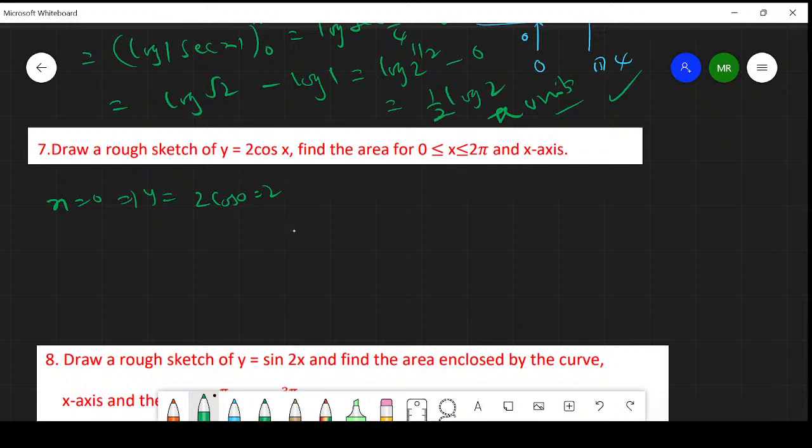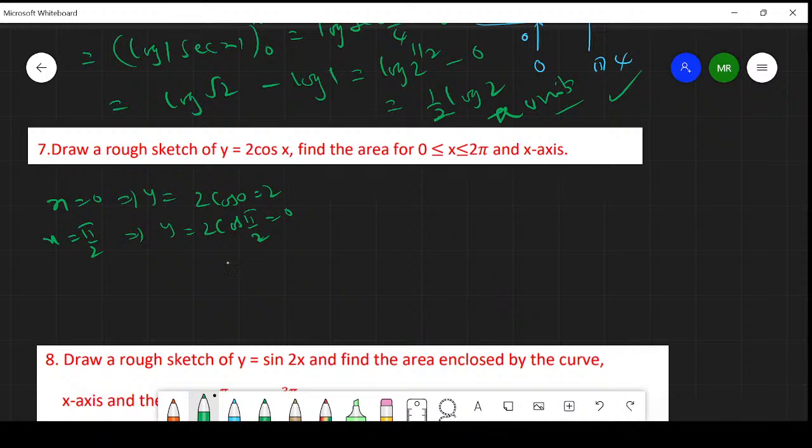If we take x equal to pi by 2, y is equal to 2 into cos pi by 2, which will be 0. So to understand that I have written pi by 2, 0.